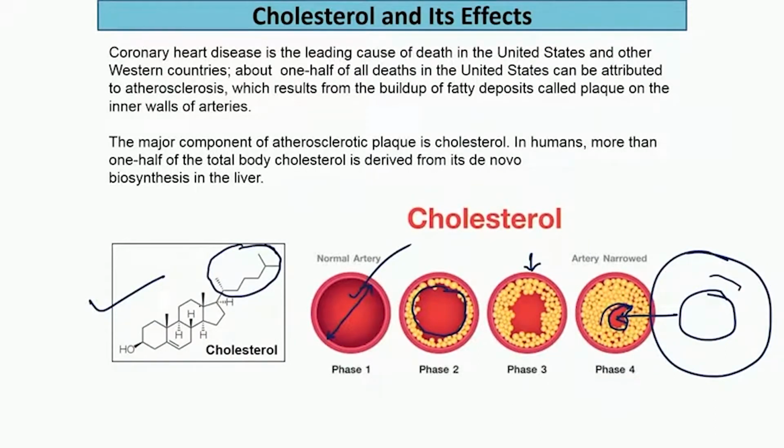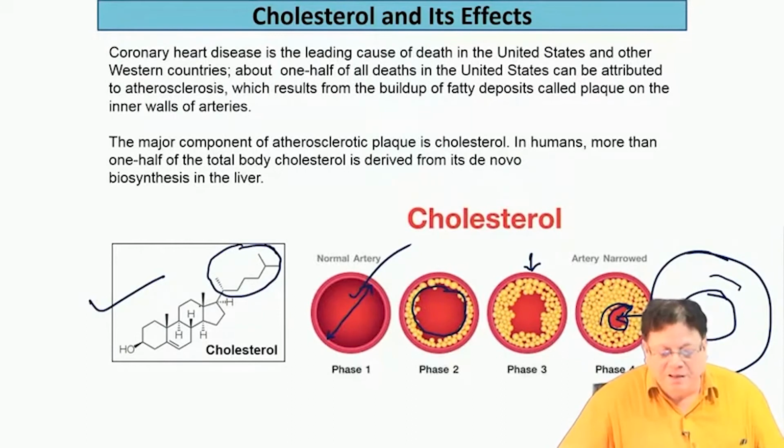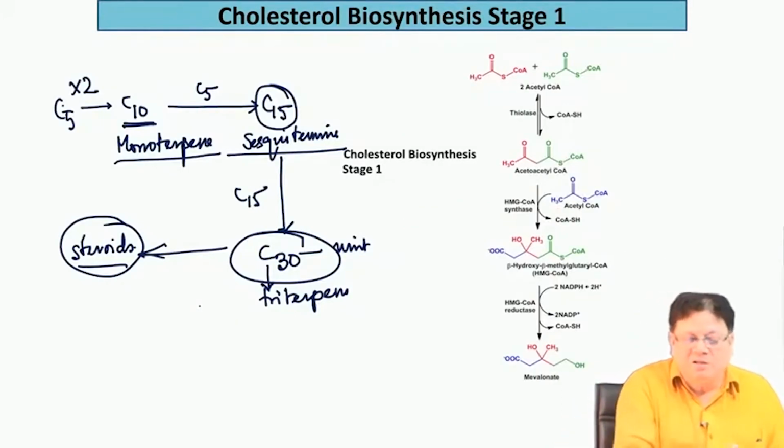So, steroids are either 30 carbon containing compounds or compounds derived from 30 carbon containing compounds, where the side chain is oxidized, broken down, degraded. So, you should not go away with the message that all steroids have 30 carbons, that is not true. Cholesterol has 30, because it is almost the immediate precursor of C30.